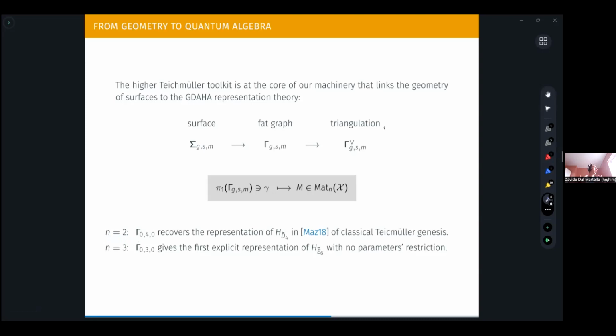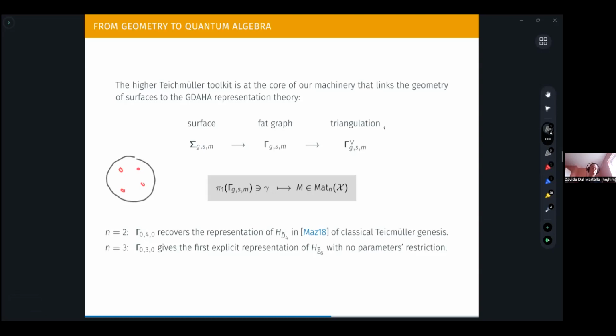And this basically goes back to classical Teichmüller theory. And indeed, just by picking this geometry, which is kind of simple, it is a surface with no genus and no boundaries. So basically it's a Riemann sphere, and you have 4 poles. You just pick this very elementary surface.